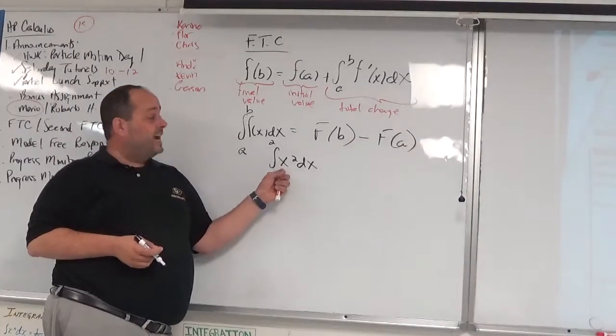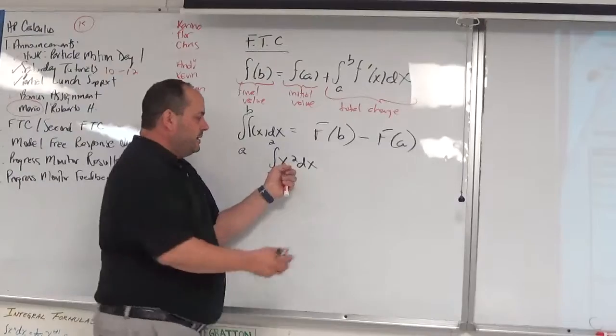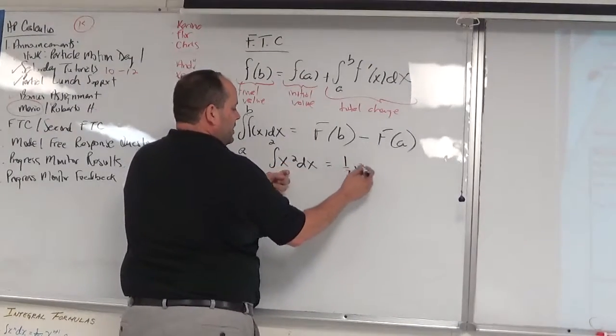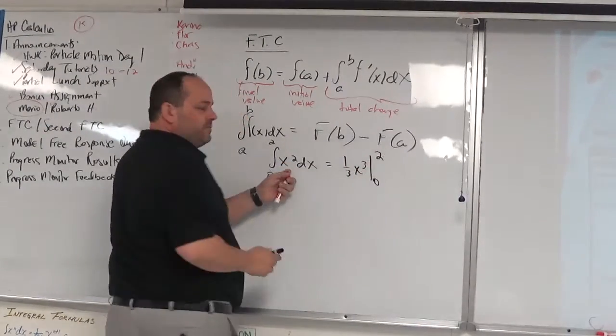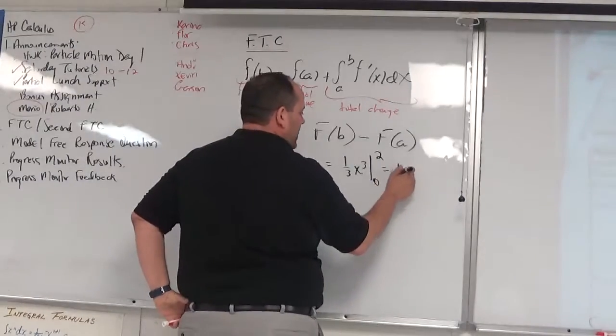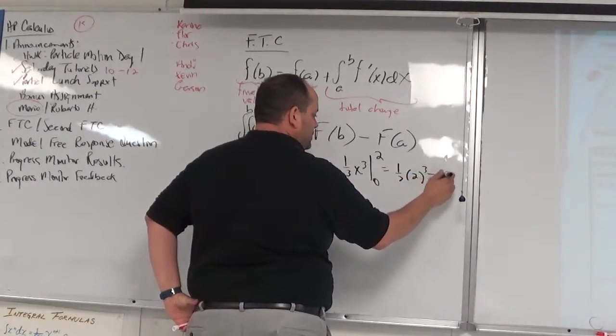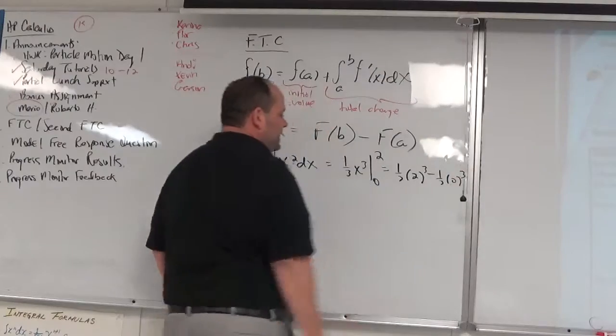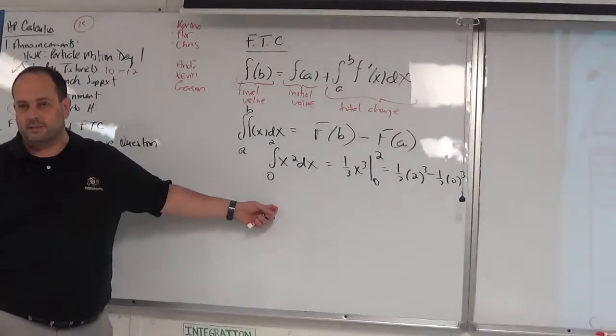You find the antiderivative. You find big F. Well, what's the antiderivative here? 1/3 x cubed, and you evaluate from 0 to 2. So you plug in 2, minus, you plug in 0. That's the fundamental theorem of calculus.